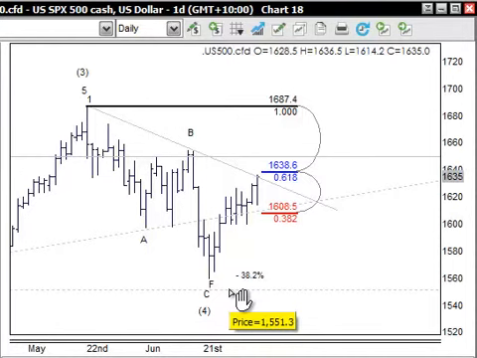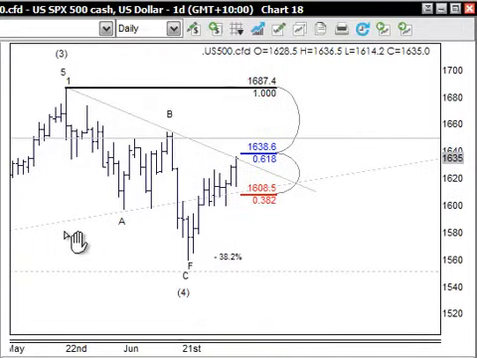So it's very easy that this particular correction can just be one leg. Wave 4s can get quite complicated, with triangles and double zigzags and so forth, but it's quite easy to put that A there, and we're actually looking at a B wave somewhere up here and a C wave down through to here before we see further upside.